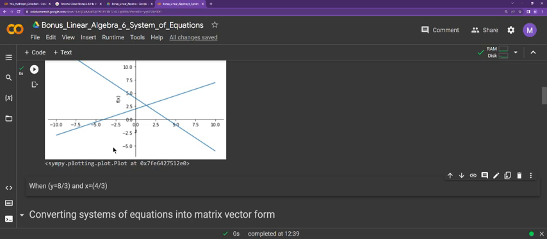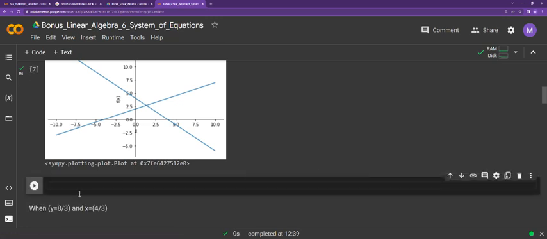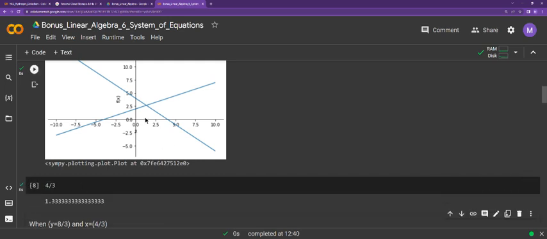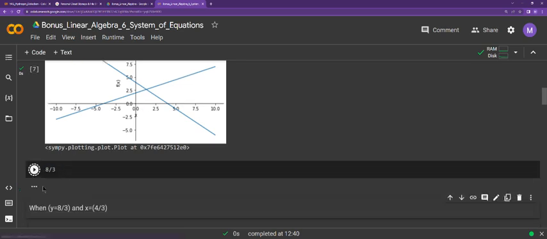Anyway, if we want to see this, it's 4 divided by 3, which is 1.33, around here, and 8 divided by 3, which is about 2.66, roughly around this region, just above 2.5.